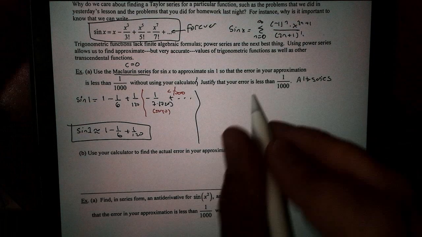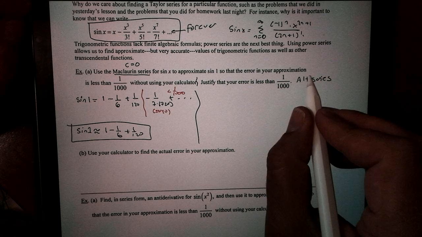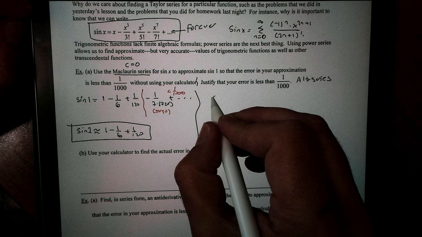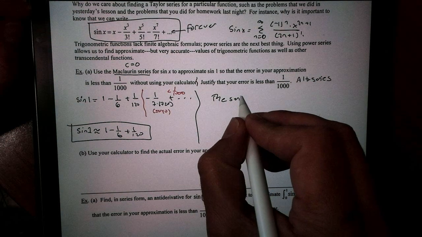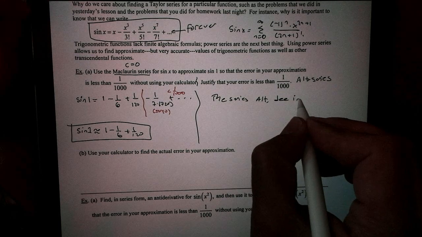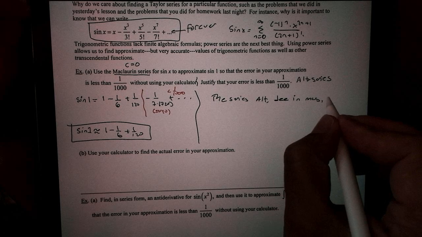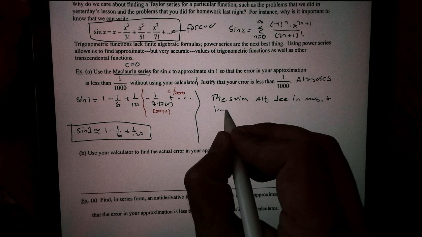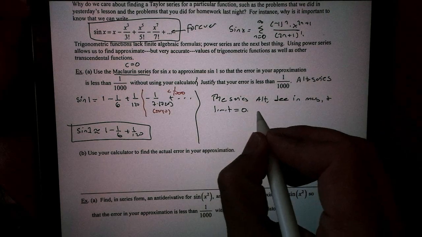So we would say, use our mantra, even though we know it's an alternating series, we have to define it. The series alternates, decreases in magnitude, and the limit equals 0.